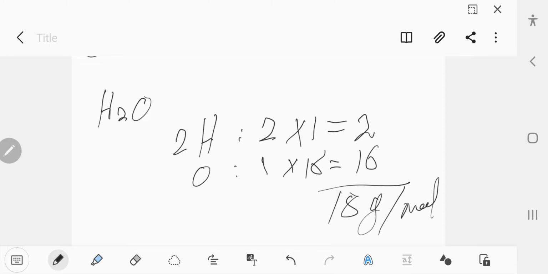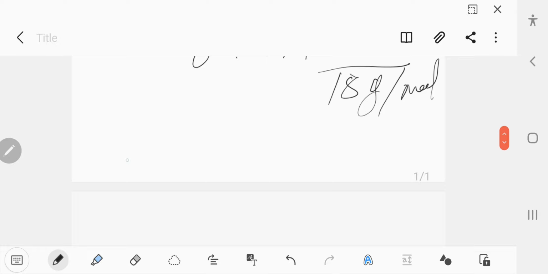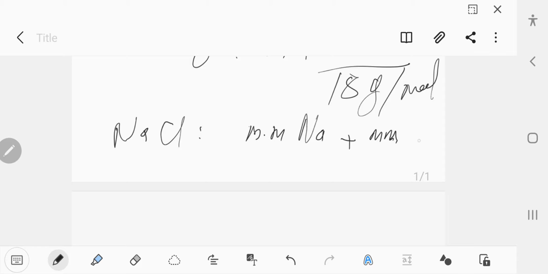For example, if we talk about NaCl, the molar mass for it is the molar mass of Na plus the molar mass of Cl, 1 atom each.